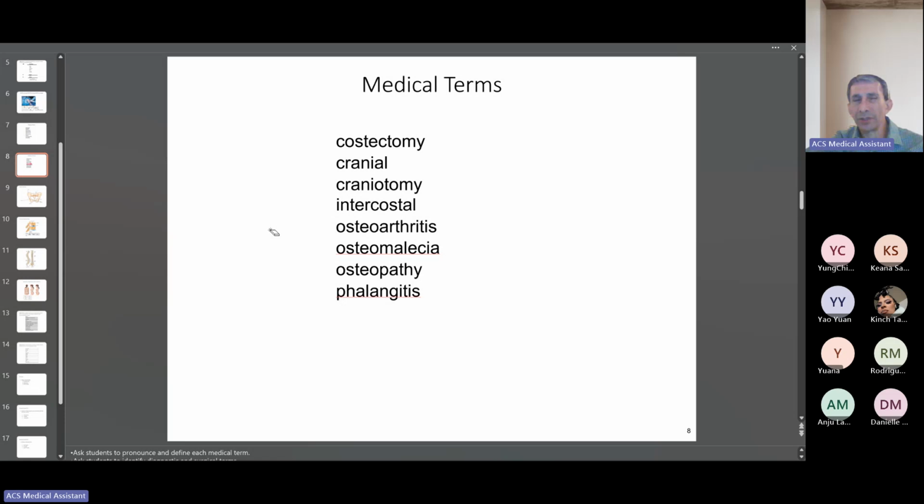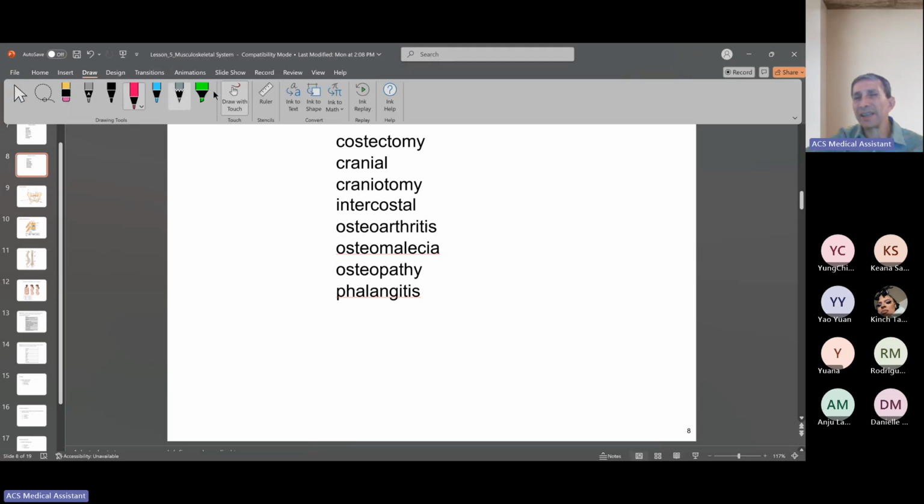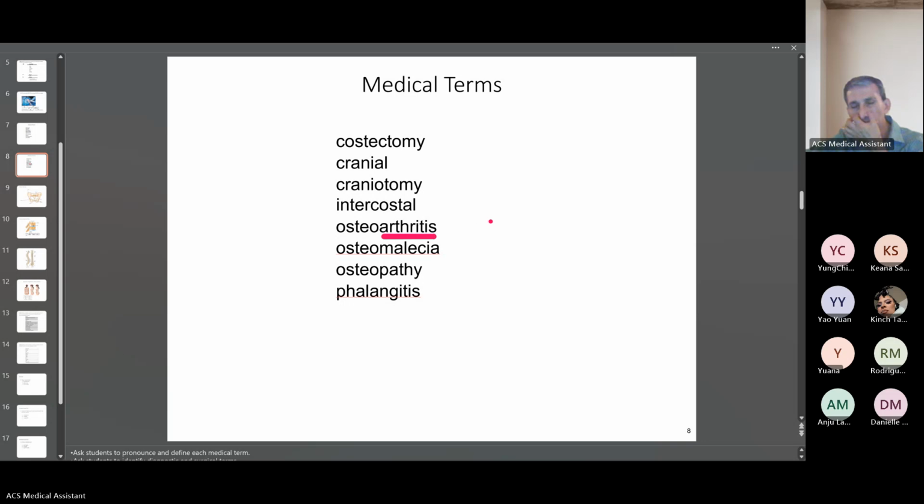So inflammation to these articulations in between the bones is called osteoarthritis. Osteoarthritis is a type of arthritis. Remember, we have different types of arthritis. Arthritis is just a general type of inflammation of the joints.